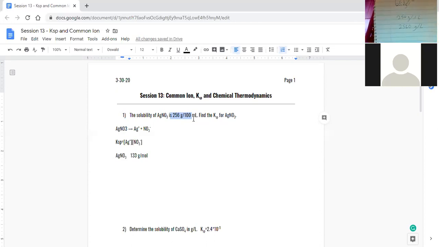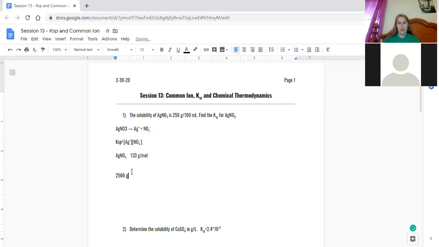So we end up with this right here. Then, because we're at 2,560 grams per liter, we're going to be able to multiply that by 133 grams per mole.